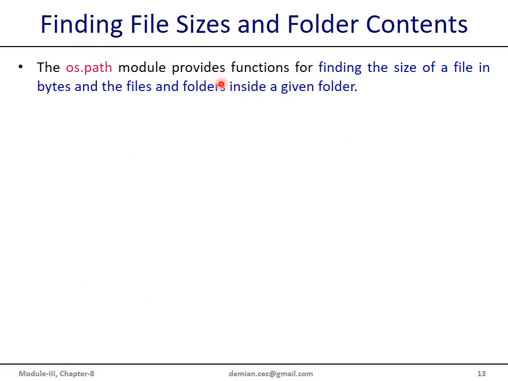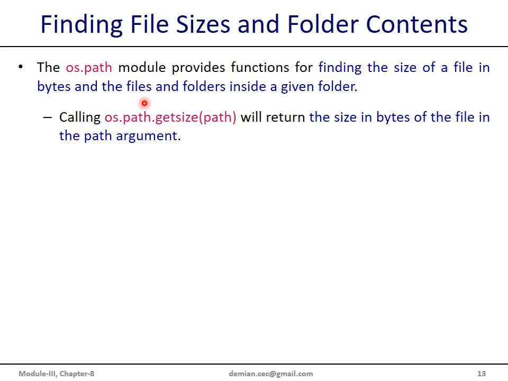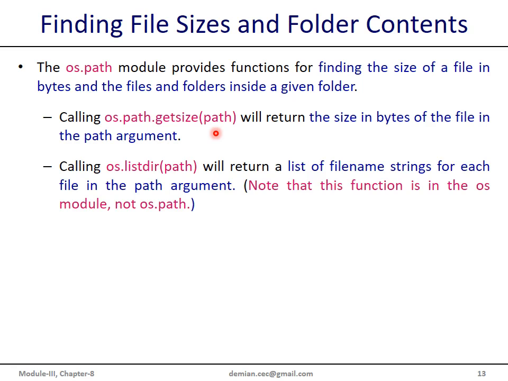The os.path module provides functions for finding the size of a file in terms of bytes, and the files and folders that are present in a given folder. The method os.path.getsize of a file path will return the size of the file in bytes. Similarly, os.listdir of a path will return a list of all files as well as folders present in the path argument.